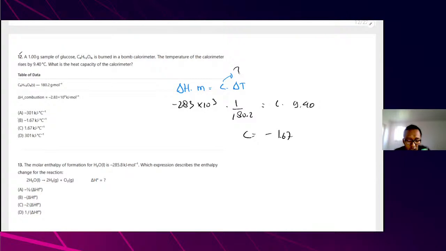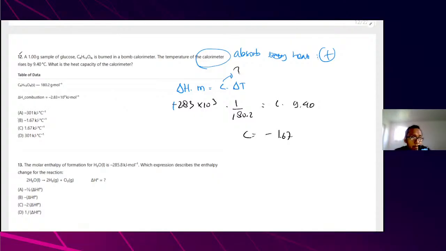Why release heat? Oh, the calorimeter absorbs energy, right? And absorbs heat. So we use the positive sign over here. Since the reaction releases heat, the calorimeter absorbs it.